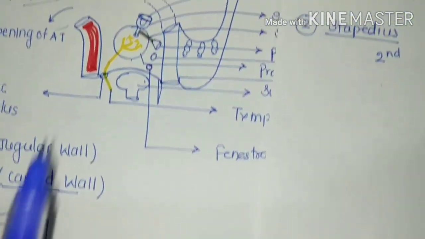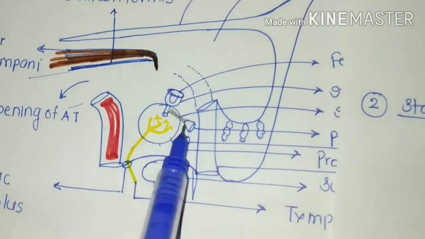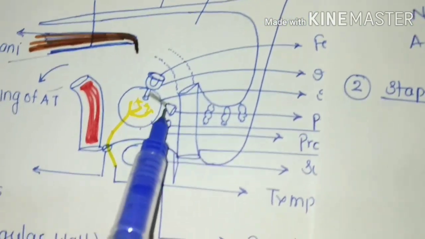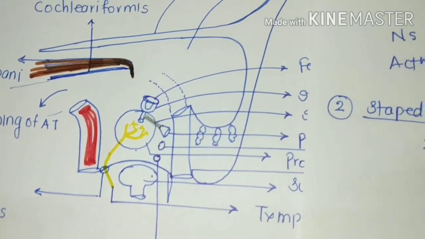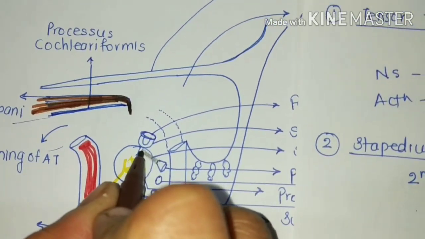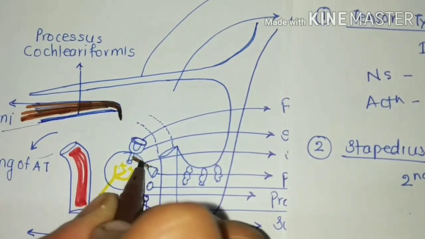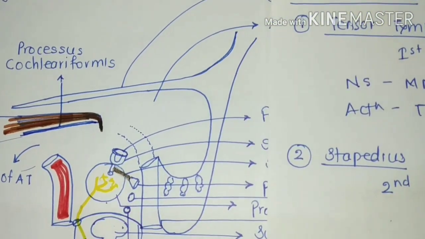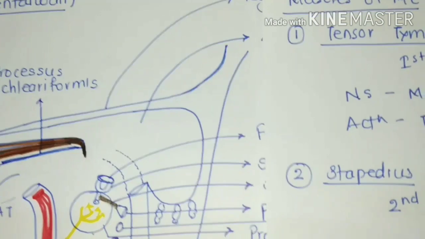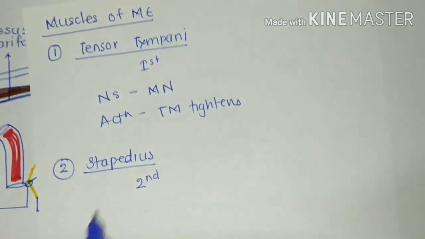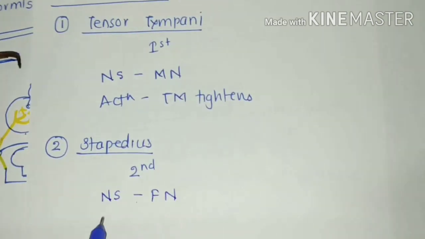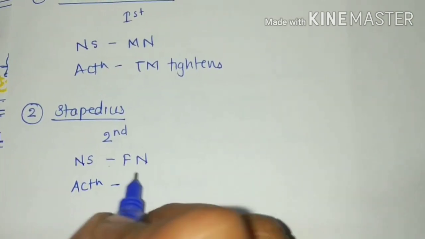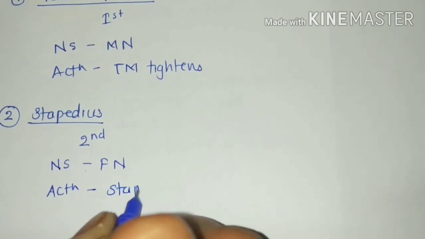It takes origin from the interior of the hollow pyramid, and the muscle fibers pass forward and take insertion on the neck of the stapes. As a muscle of the second branchial arch, it is supplied by the facial nerve, and its action is to draw the stapes laterally.